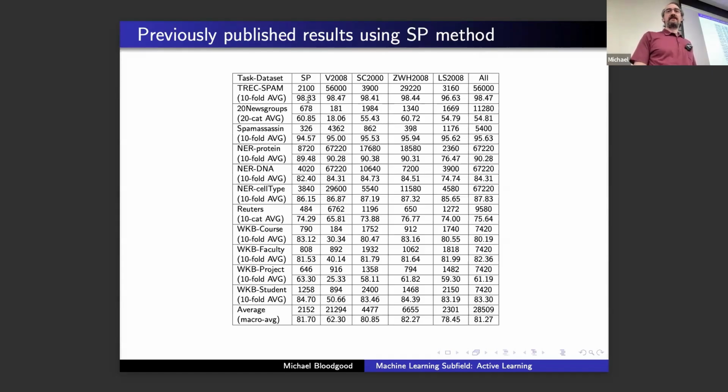And the performance is 98.33, which is almost the same as 98.47. So what this shows is it's not a small thing. You can save a lot of annotations and get essentially the same performance. But it does depend on data set. You can see different variations in the table. But it's overall a pretty stable method. It works pretty well.